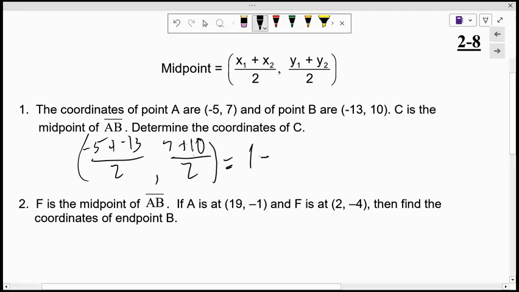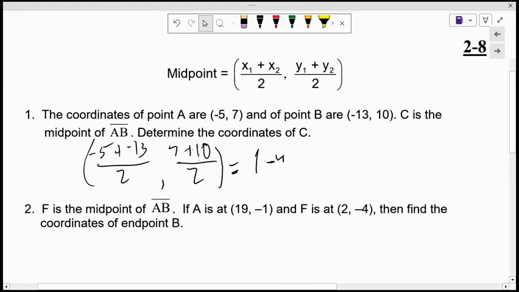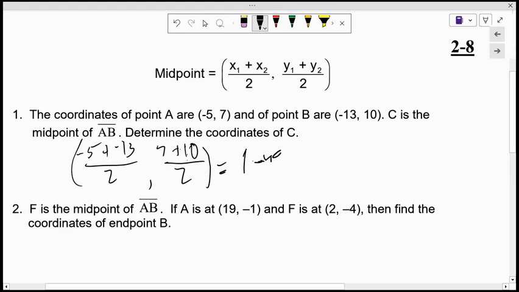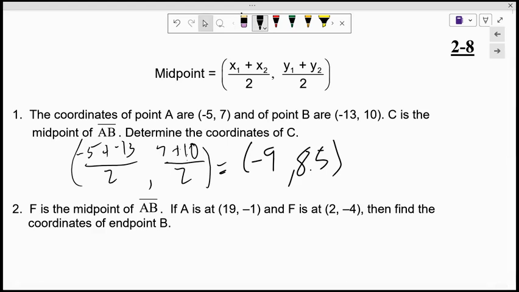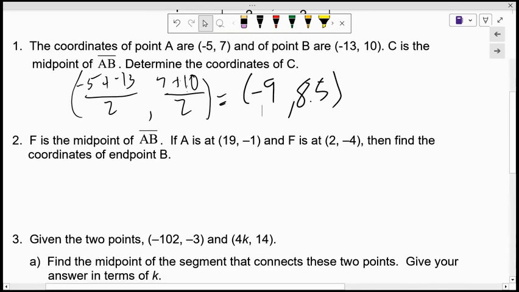Well, your answer would be 8.5. So that should say -9, comma 8.5. So yeah, decimals are 100% okay. Don't worry if you get decimals, you'll get them a lot.